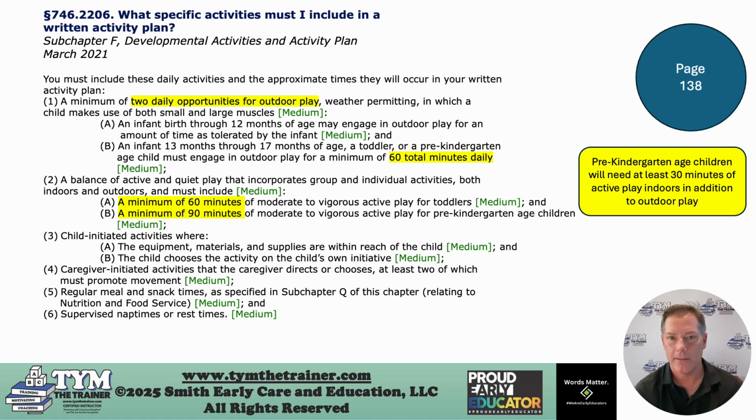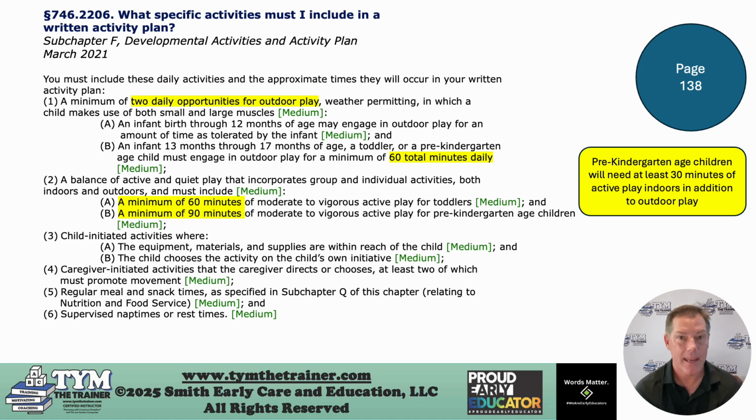Now you get to define what weather permits means in your policy manual, and it's going to be different for everybody. It has to do with what climate your children are used to, how much shade you have on your playground or lack of shade. There are a lot of different things you have to look at. But once you do determine what is weather permitting, 2 daily opportunities.